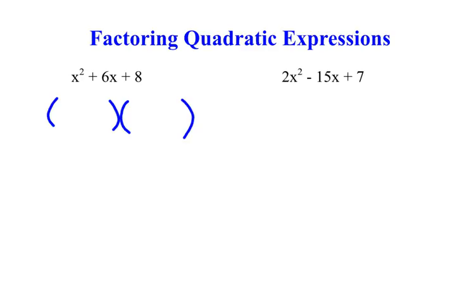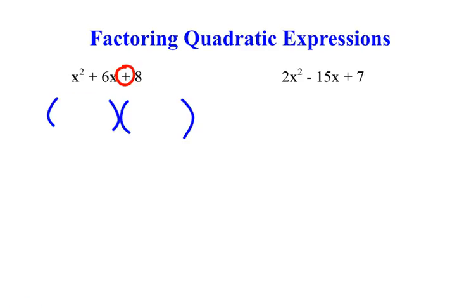There are some rules about the next step, how to find the signs, plus or minus, that go in the two binomials. You want to write this down. Pay close attention. If the second sign of the quadratic, so when I read the quadratic, I read x squared plus 6x plus 8, the second sign is positive.